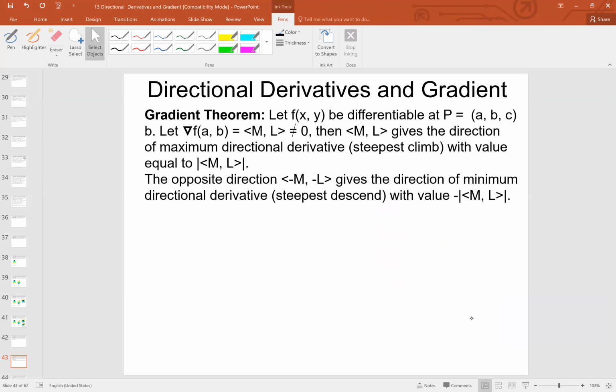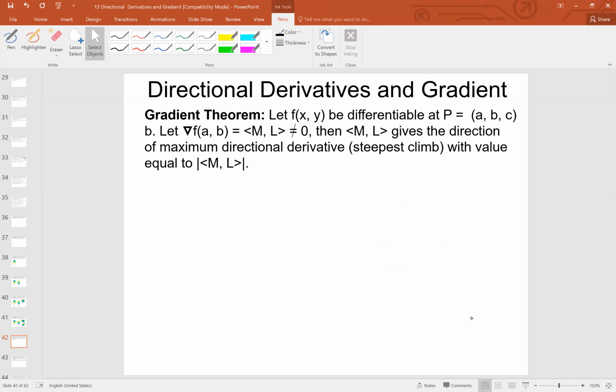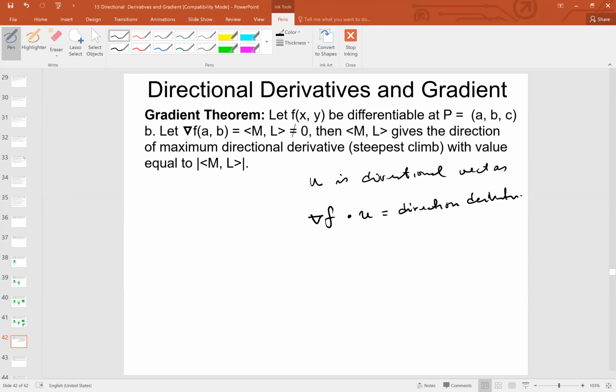The second thing is, suppose u is a directional vector, and then del f dot u is equal to the directional derivative, the directional slope, if you like.